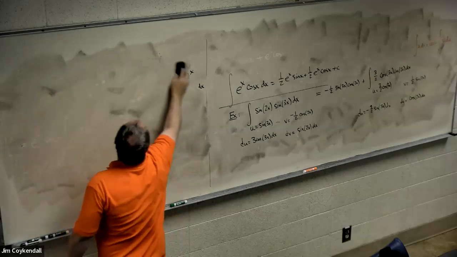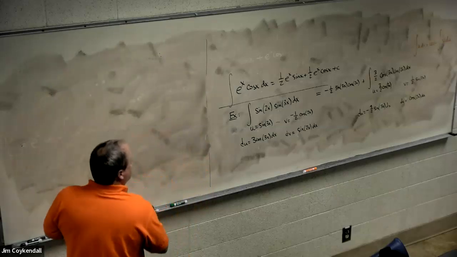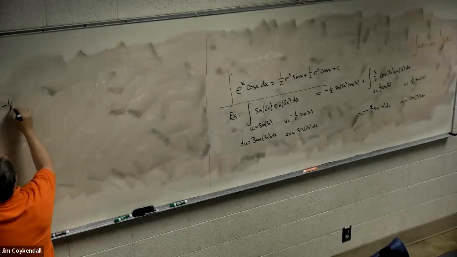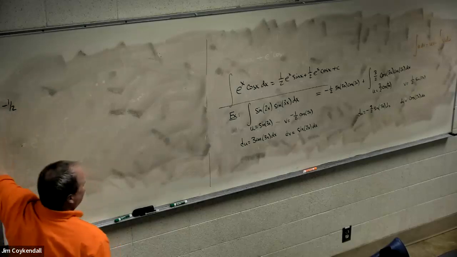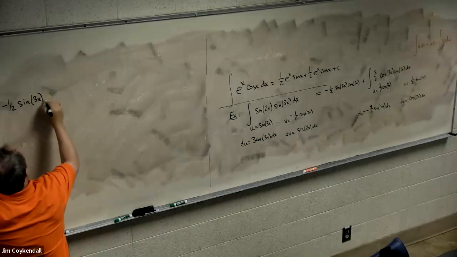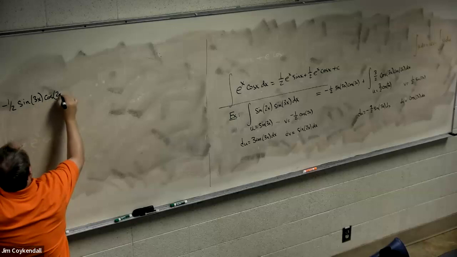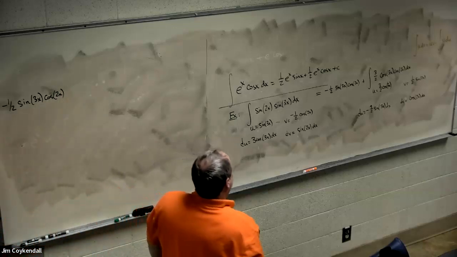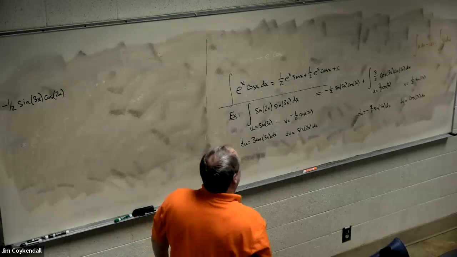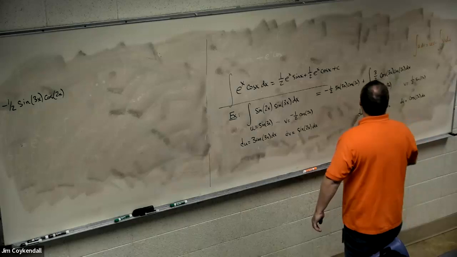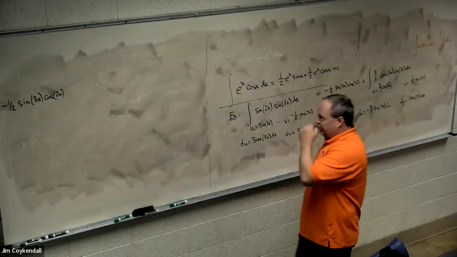So this is equal to, you can see what the parts gives me now. This is minus 1/2 sine 3x cosine 2x. And then I've got to see plus this contributed by parts.